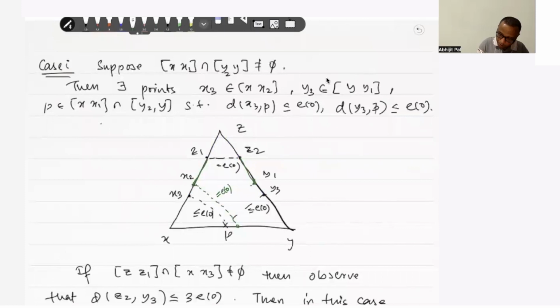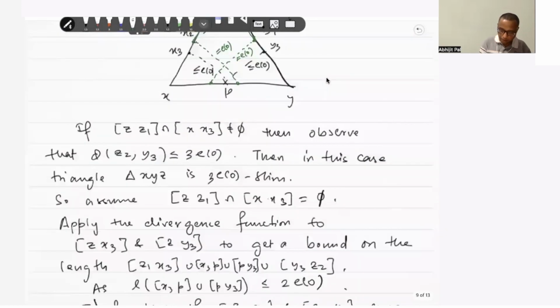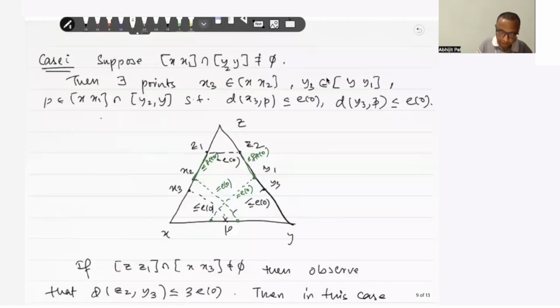And for this Y1, we got a point here whose distance is exactly equal to E naught. So this length is bounded in terms of E naught. Therefore, this triangle will be a slim triangle, and the bound will depend only on E naught. So we are done for this case 1.